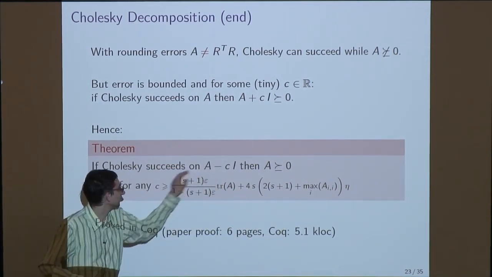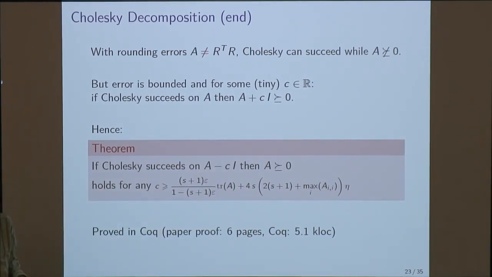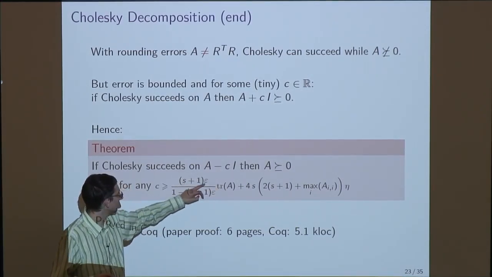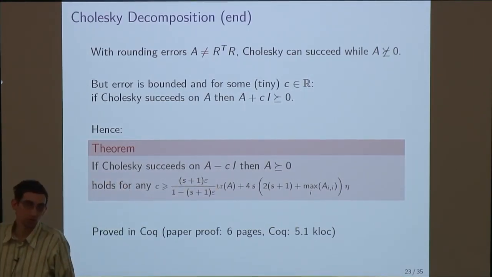And this is an important one. So what is C like? Can you give me a feeling? 10 to the minus 5, like for a matrix, let's say 10 by 10. So this will be 10 times 10, so 100, times 10 to the minus 16, so it's 10 to the minus 14.